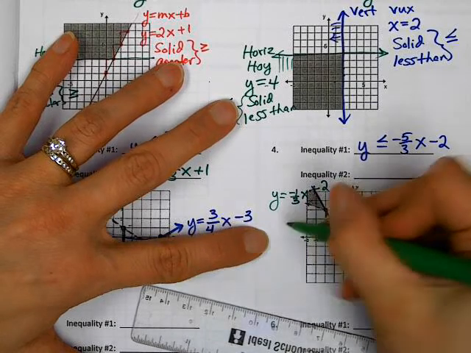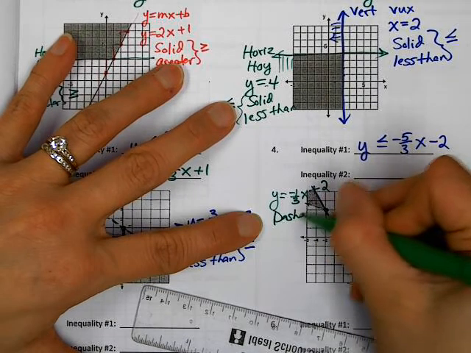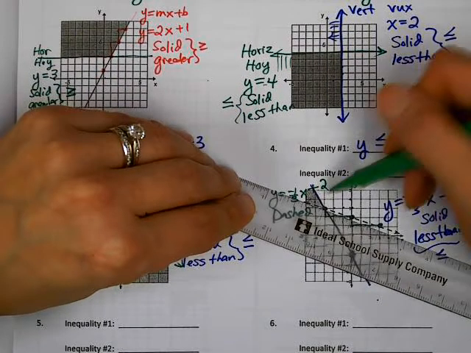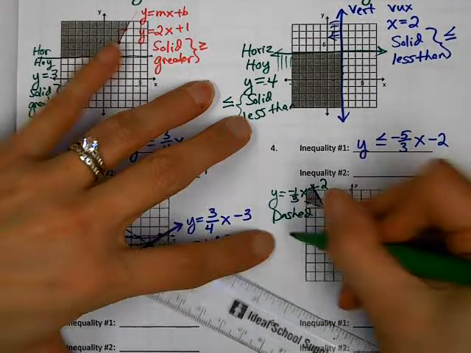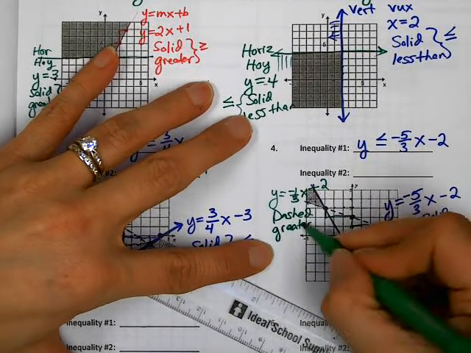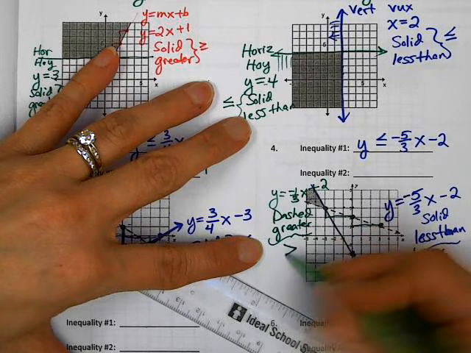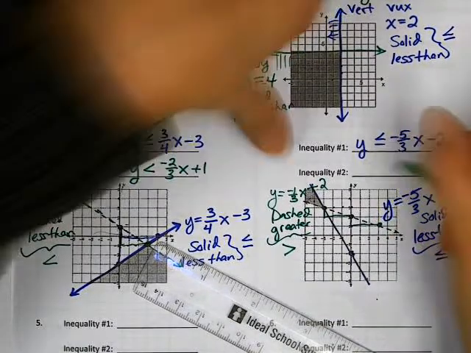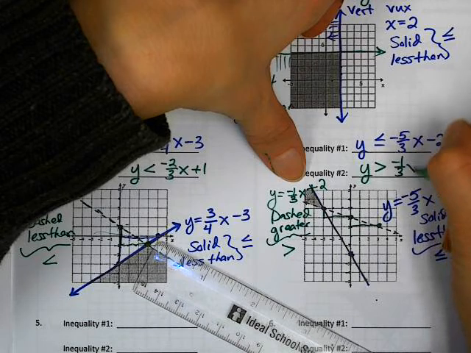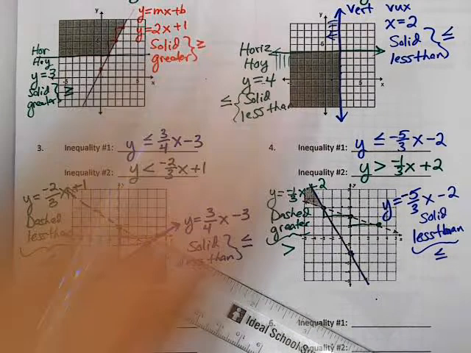All right, this line is dashed, and it is greater than the line. Okay, so it is greater. How do you do greater and dashed? It's just a greater than sign. So we've got y is greater than negative 1/3 x plus 2.